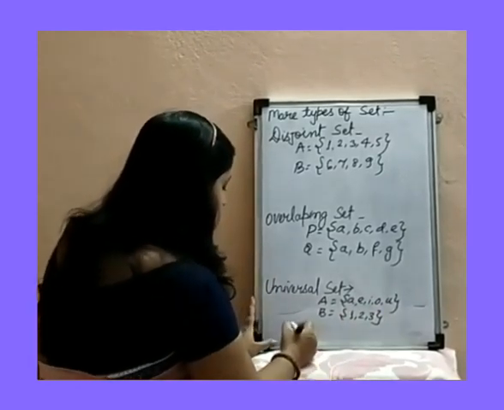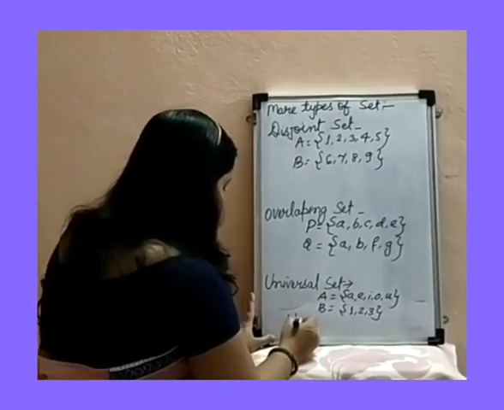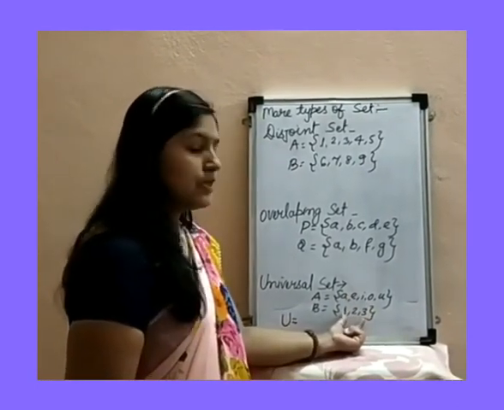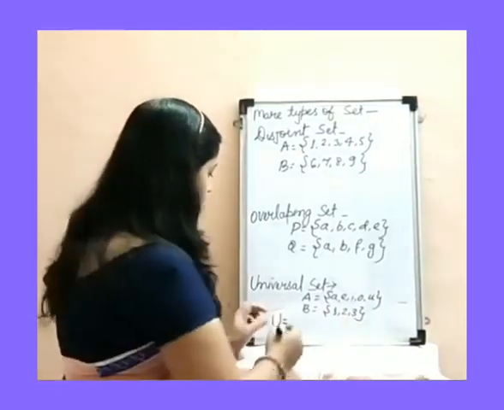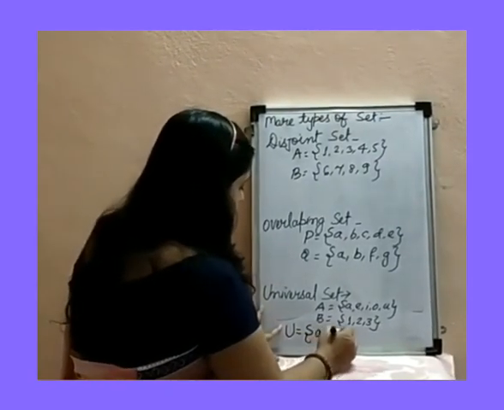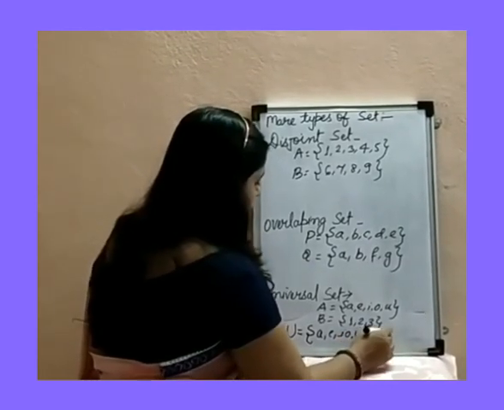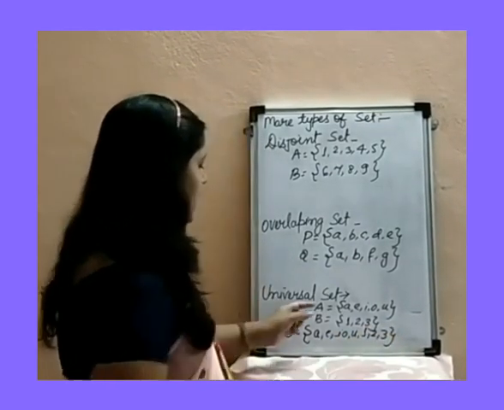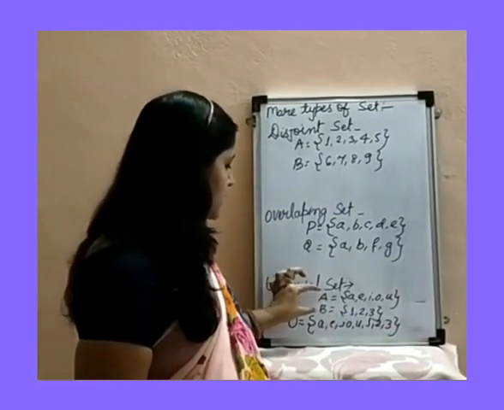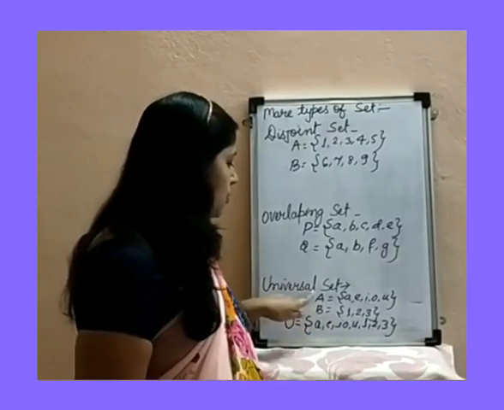Then we will write the universal set, denoted as U, with all the elements: A, E, I, O, U, 1, 2, 3. The elements present in A and B, combined, will be called the universal set.